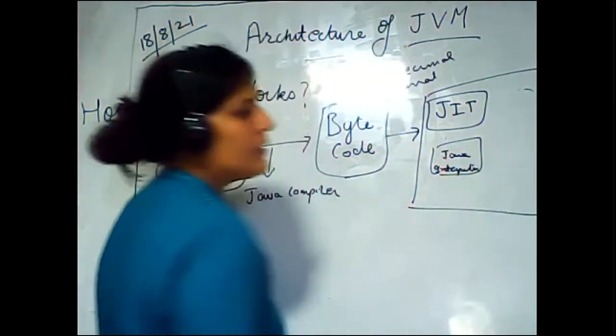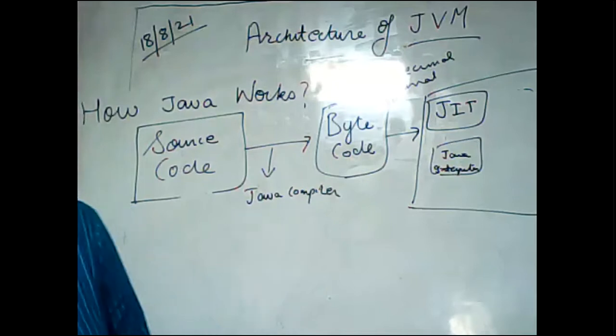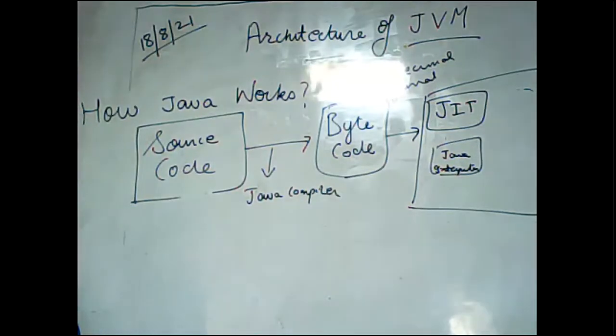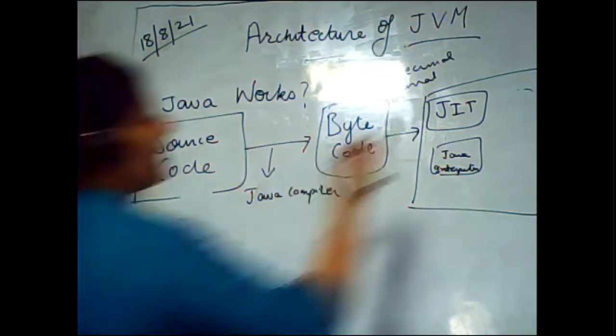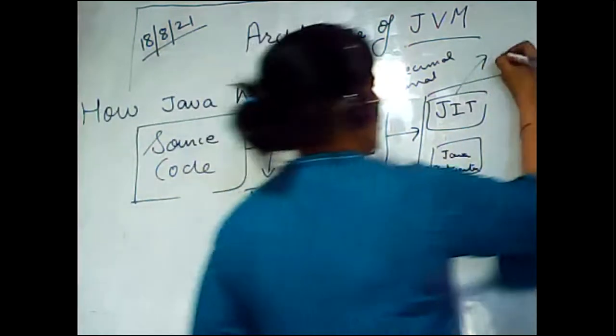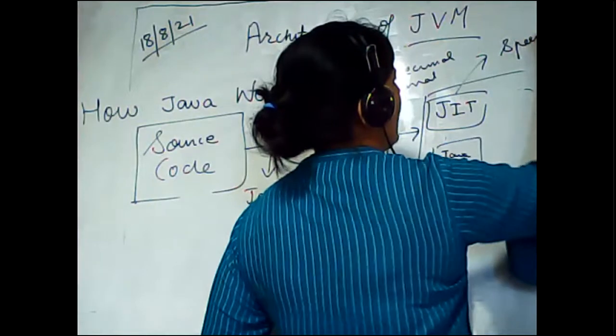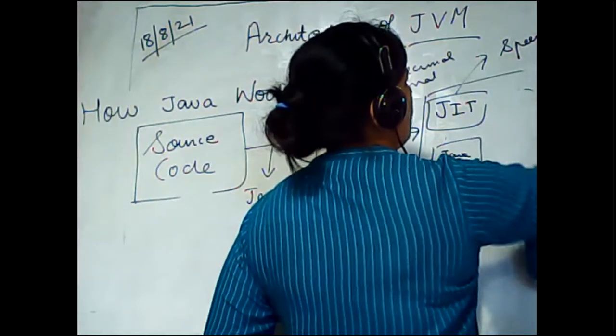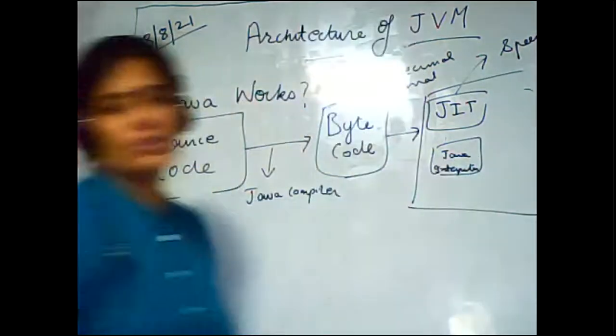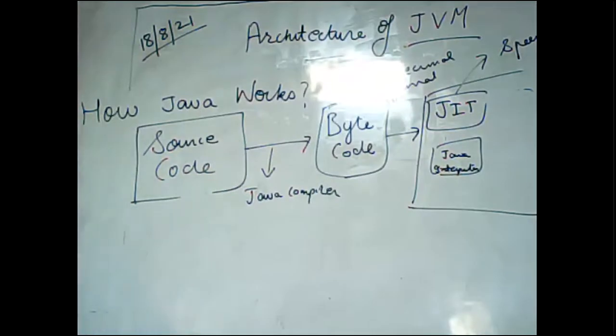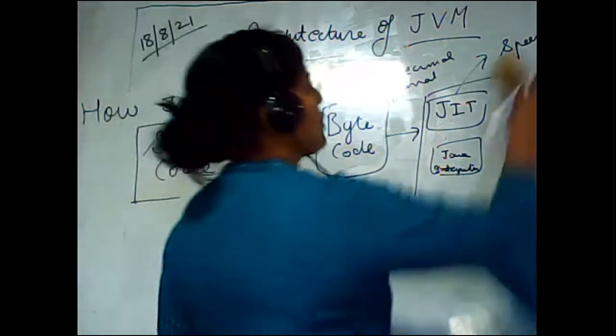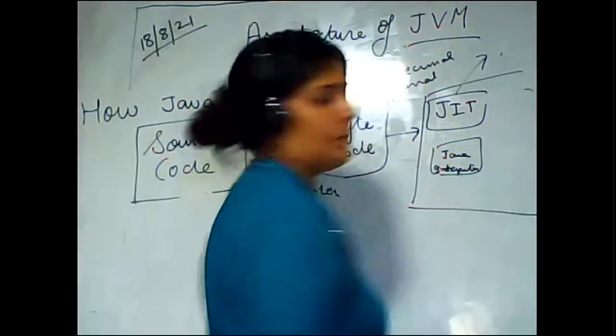What is the work of the interpreter? It checks your instruction codes line by line, one by one, to see if there is any type of error. Why do we require the just-in-time compiler? To speed up the execution and compilation of the program. This is its main purpose.